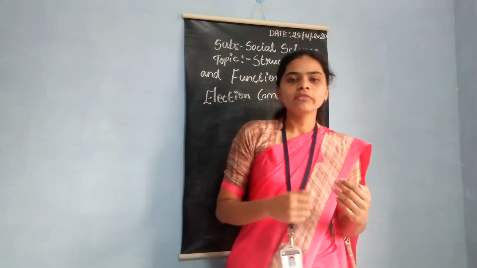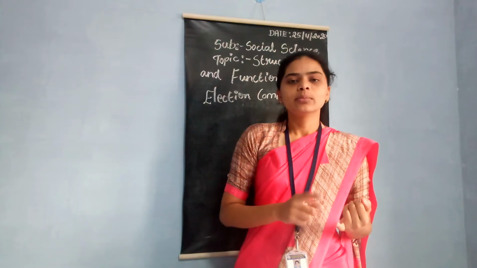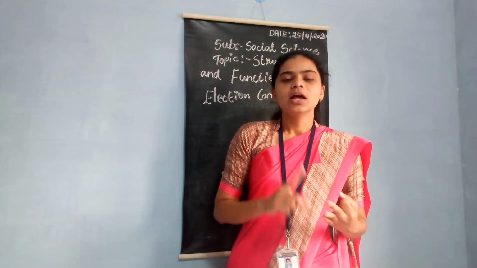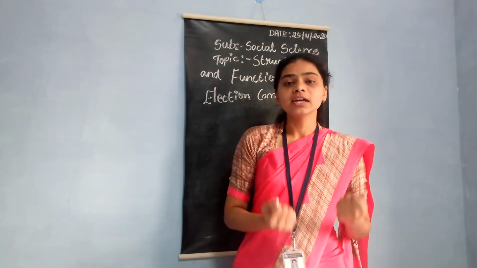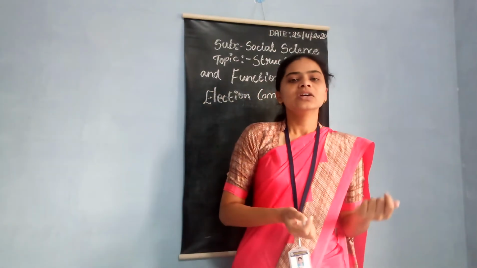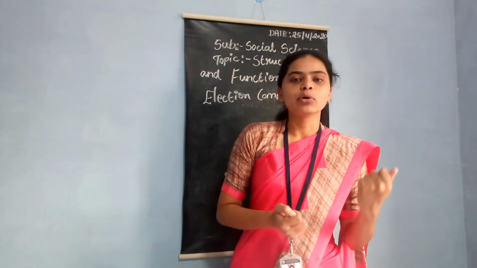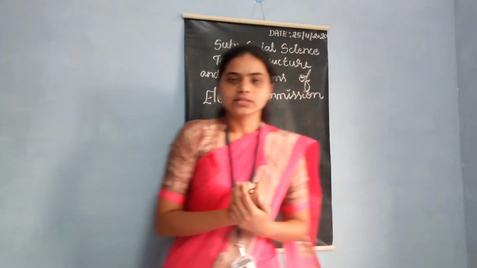We are a country of democracy. Democracy means it is ruled by the people, of the people and for the people. For that we need leaders, isn't it? Yes. For that we have to conduct the elections. To create a healthy democracy, we need elections.